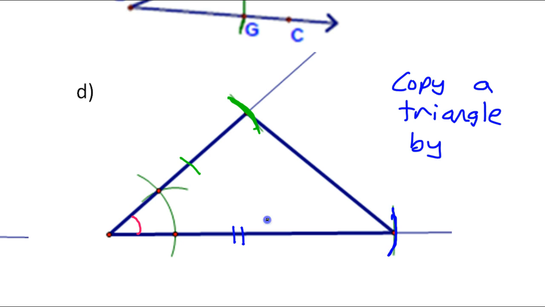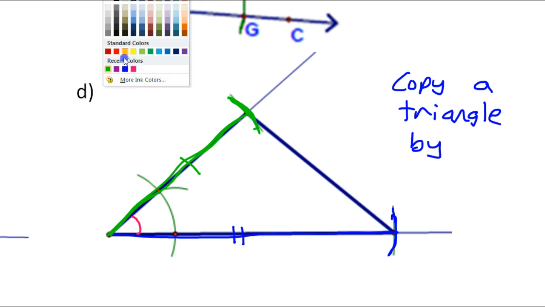I'm trying to match the colors so you can see what's happening. The arc shows you which side is being copied. This little mark right here caps the end of this segment. This arc over here is capping off the end of this segment. Maybe I should color the whole thing. Maybe I should have done it like that. Anyway, side, angle, side is what we're talking about.